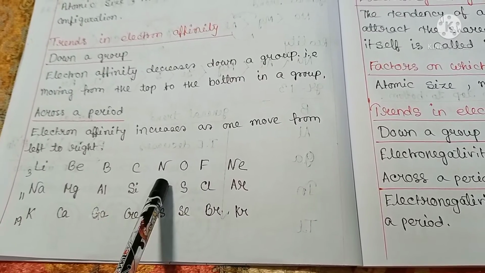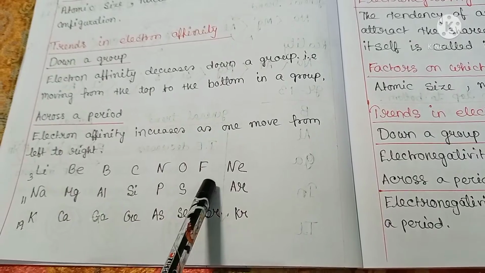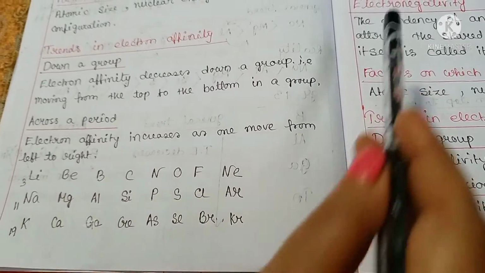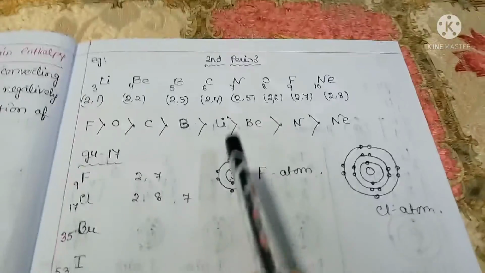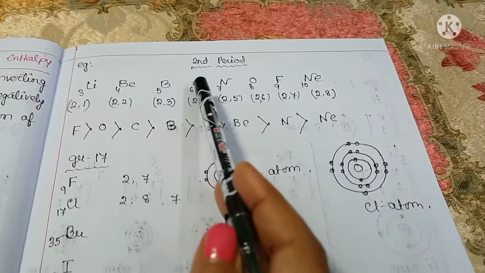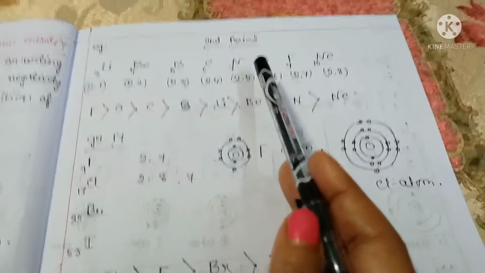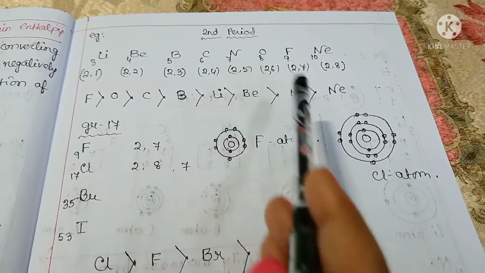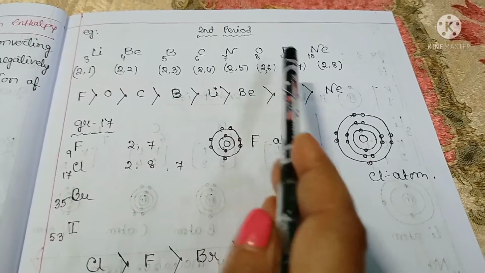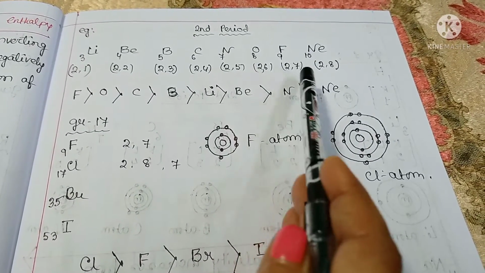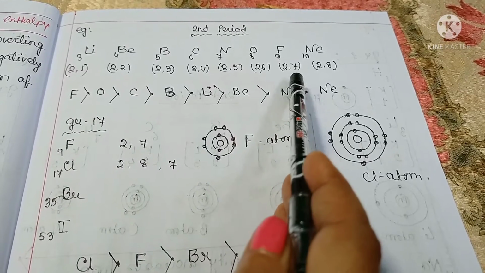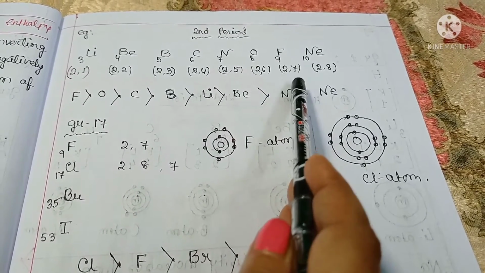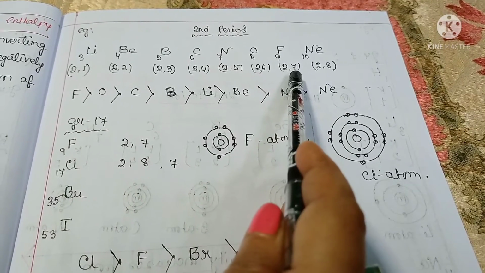Now, across a period, electron affinity increases due to an increase in nuclear charge. Across a period, the electron affinity of halogens is the highest. Halogens have the highest electron affinity because, according to their electronic configuration, they have 7 electrons in the outermost shell.